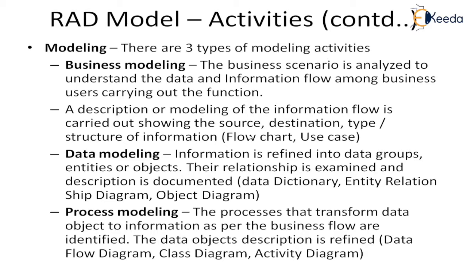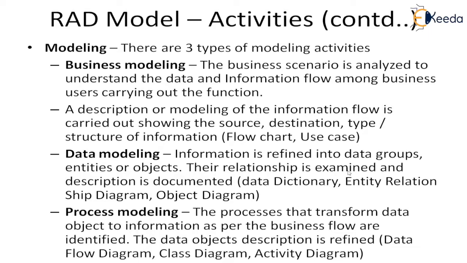We will start with that, adding our data elements into the data dictionary. Then we do the data modeling, where the information is refined into data groups, which could either be objects or entities. And then their relation, that means the entity relationship diagrams or the object relations, the different types of object diagrams, class diagrams, and other relations between the classes is analyzed.